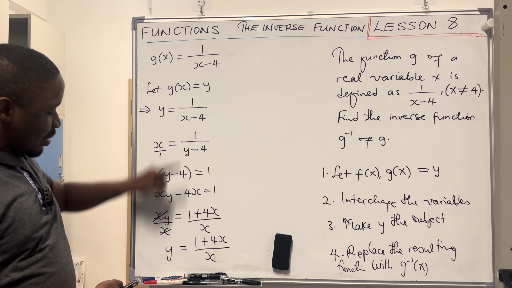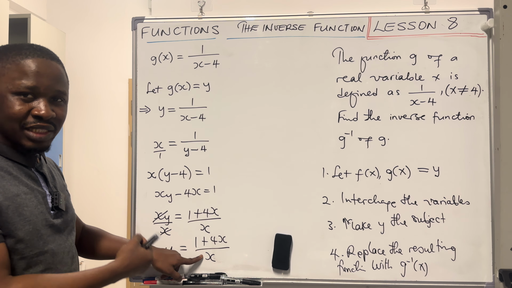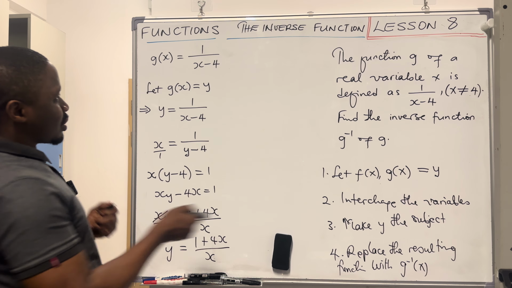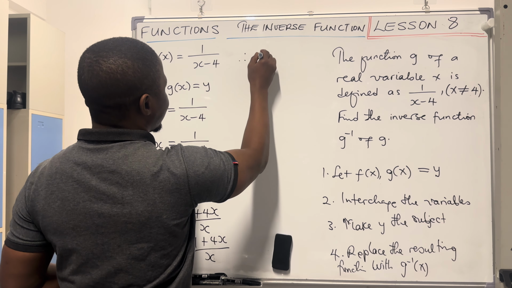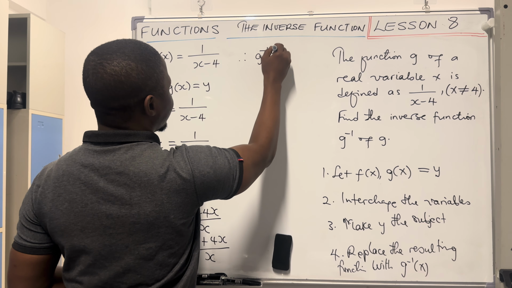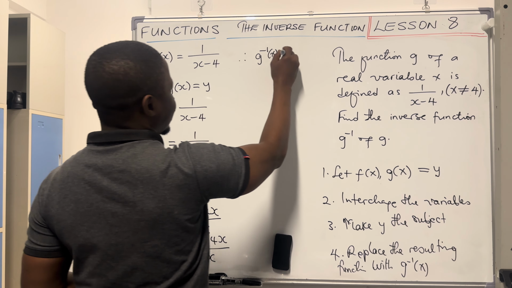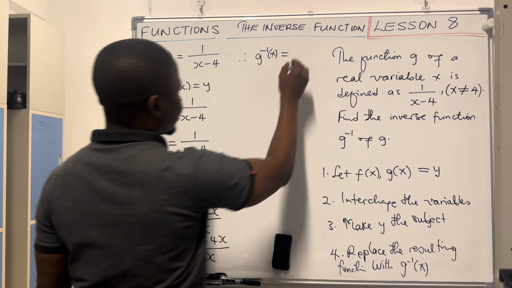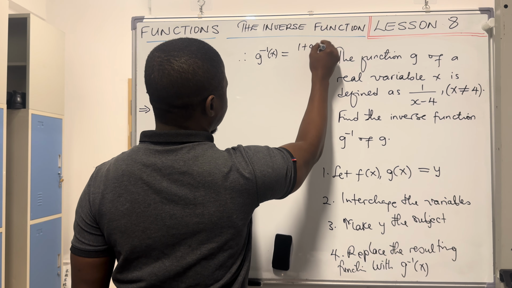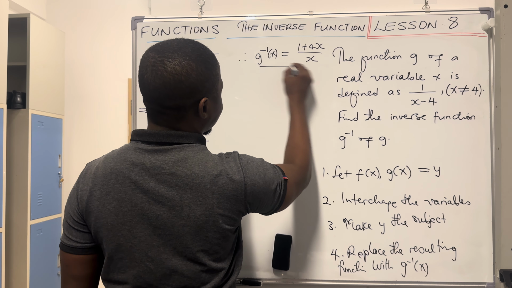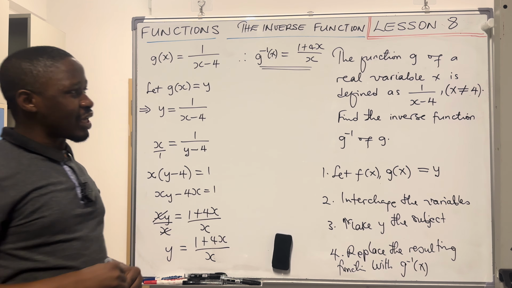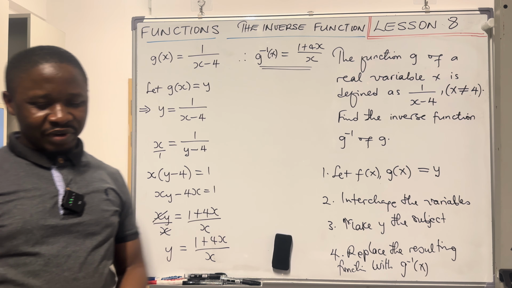This is what we are given. This one is now representing the inverse of this. So we say, therefore, the inverse of function g is equal to 1 plus 4x over x. So this is the inverse of the function given here.